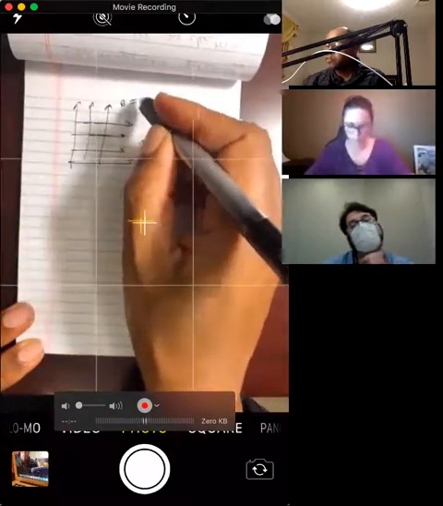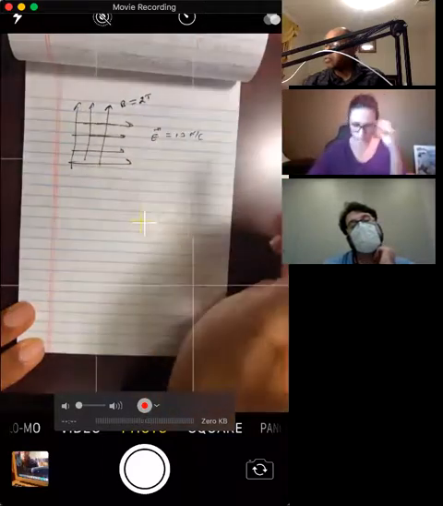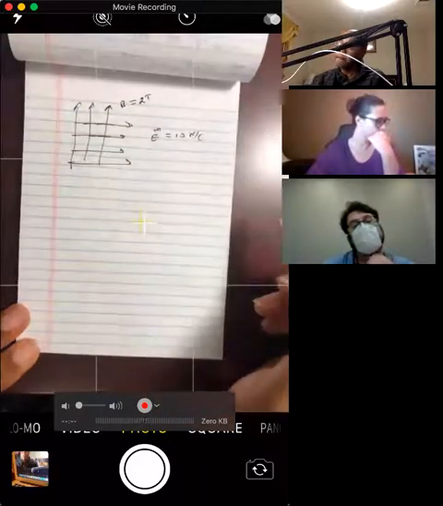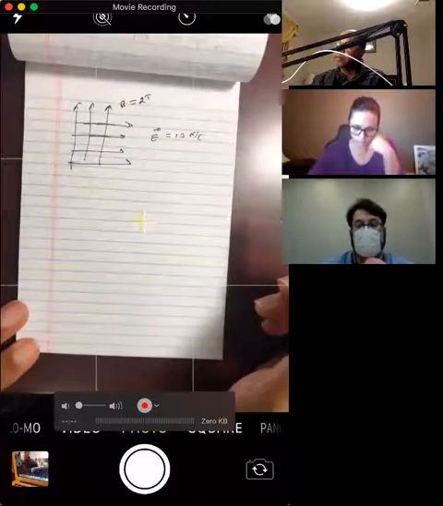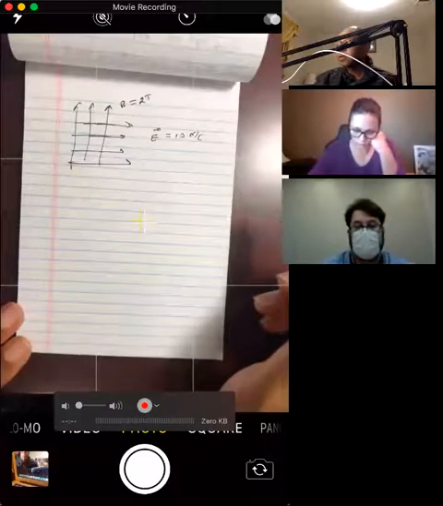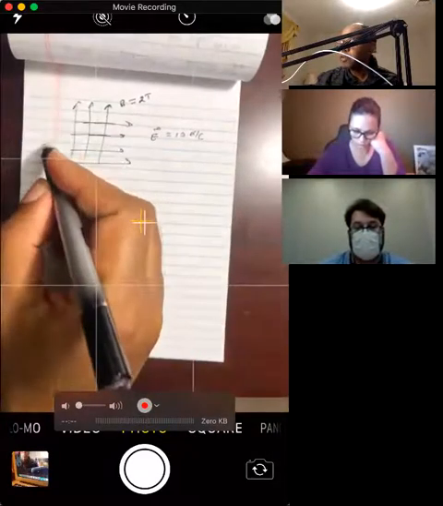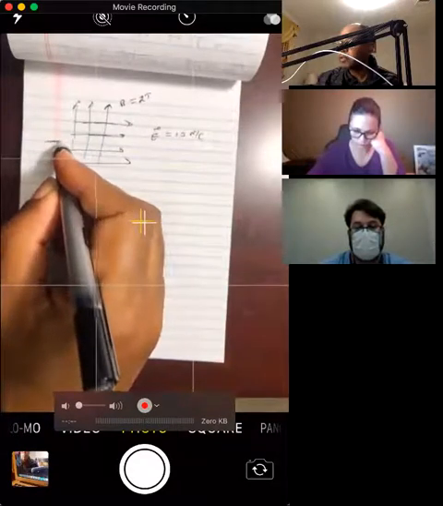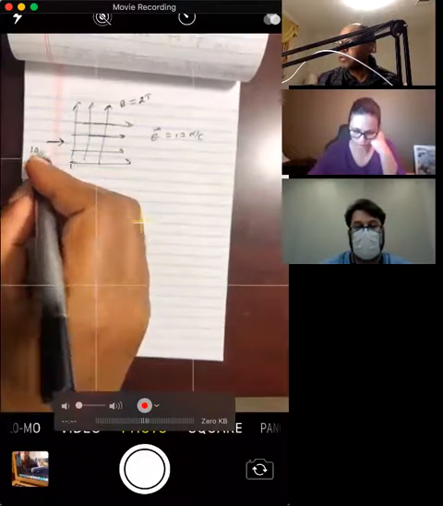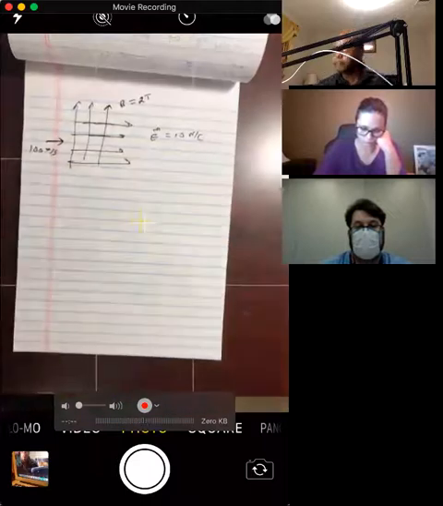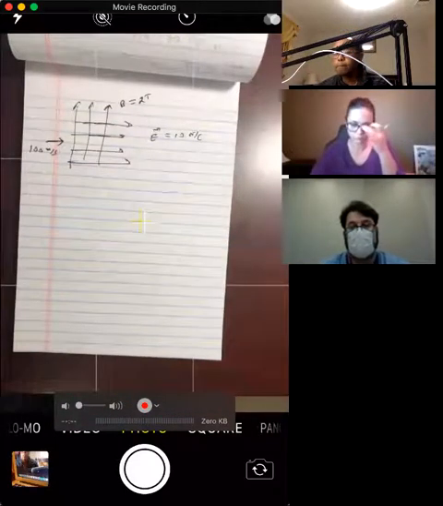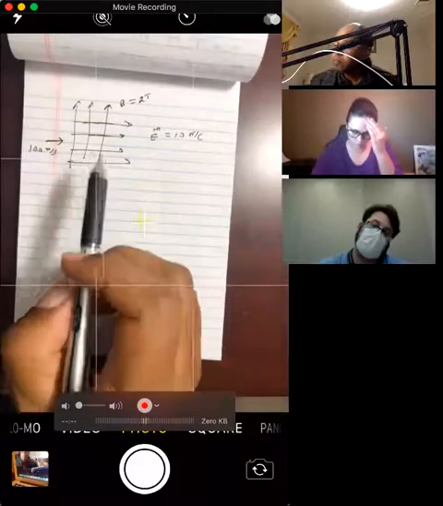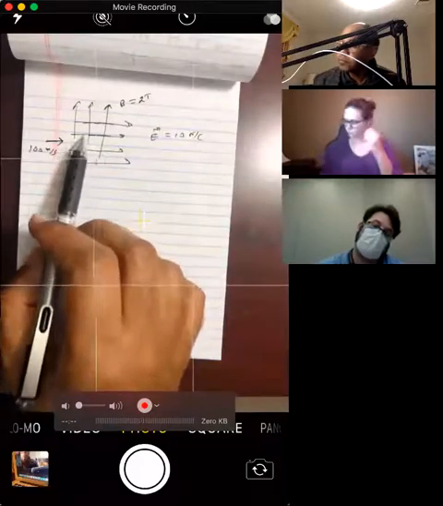Let's say this is maybe 2 Tesla. That's the J direction. Okay. Now, suppose we have a charge moving this way. Let's say with 100 meters per second. So V.